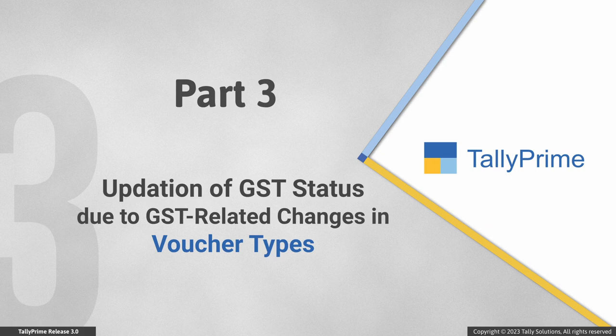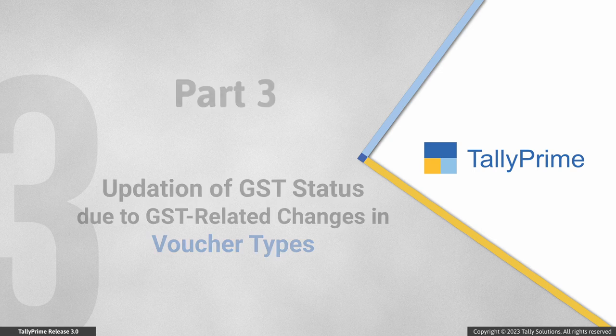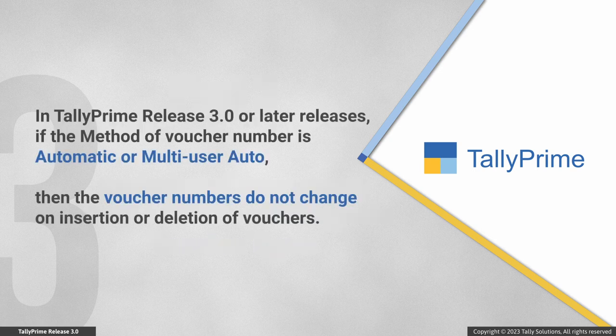Now, let's see how the changes in voucher types can lead to the updation of GST status in the vouchers. When you have automatic or multi-user auto method of voucher numbering in a company created or migrated to TallyPrime Release 3.0 or later releases, by default, the original voucher numbers get retained despite insertion or deletion of vouchers.